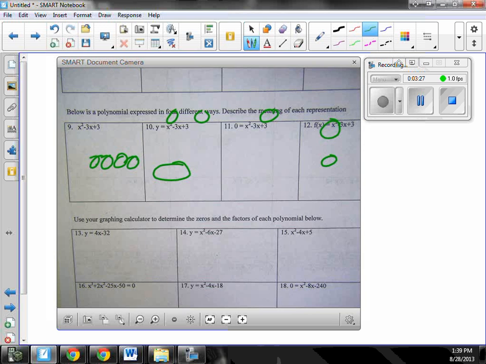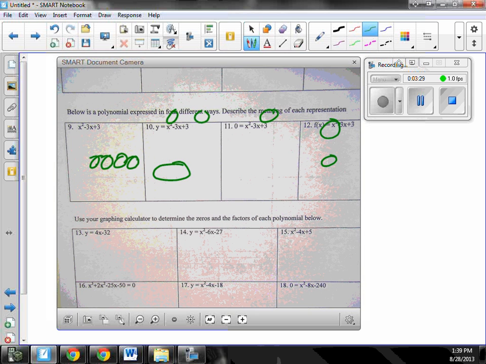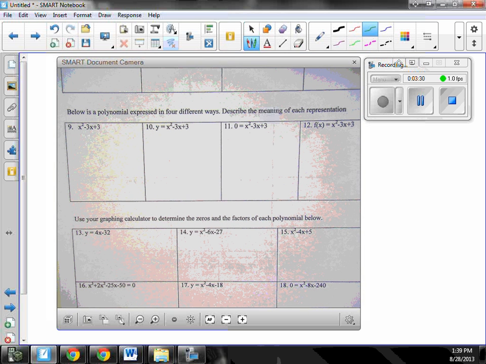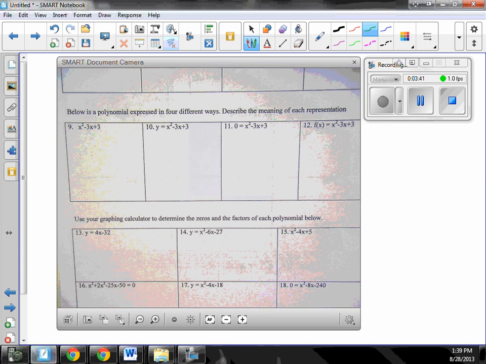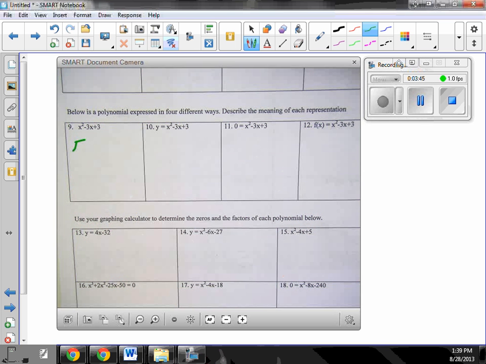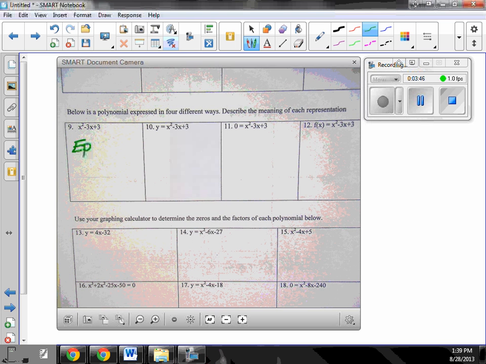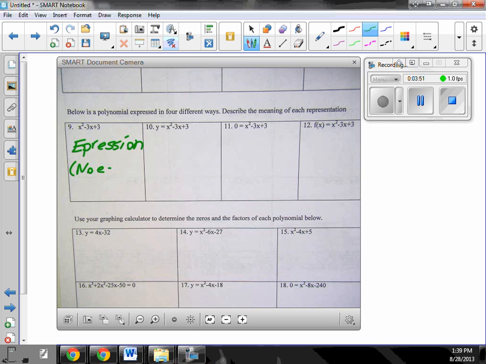Now, for number 9, we have 4 versions of the exact same polynomial, and each version means something different. So the first one is called an expression, which means it has no equal sign.